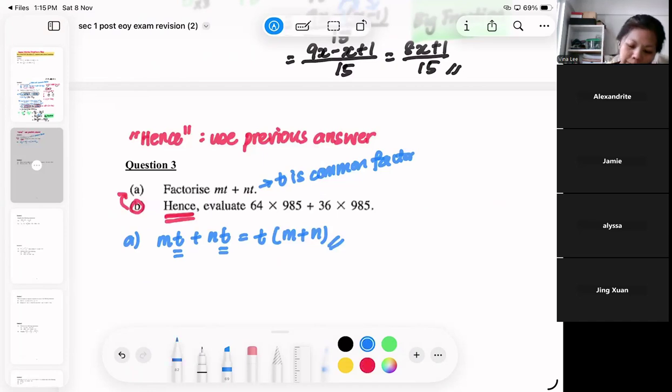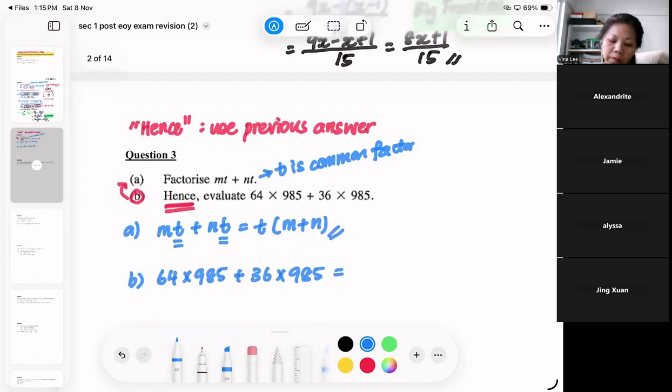Okay, so part B. How am I going to link this to the previous answer? You ask yourself, your previous answer had a common factor. So in this part, you should also see that 985 is the common factor.